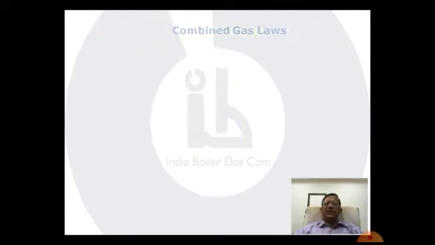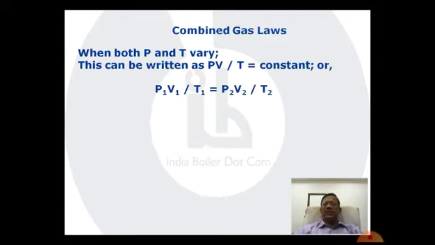We can combine these two conditions, which is represented in the combined gas law, where both pressure and temperature are varying. Then the relationship can be written as PV by T is constant, or P1 V1 by T1 is equal to P2 V2 by T2.